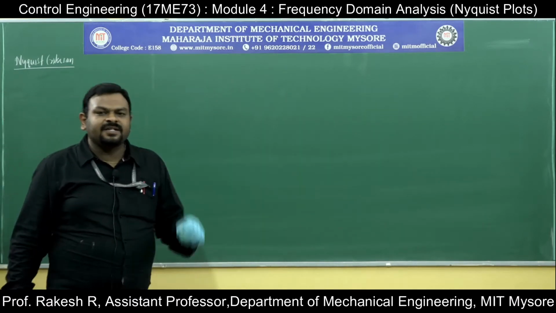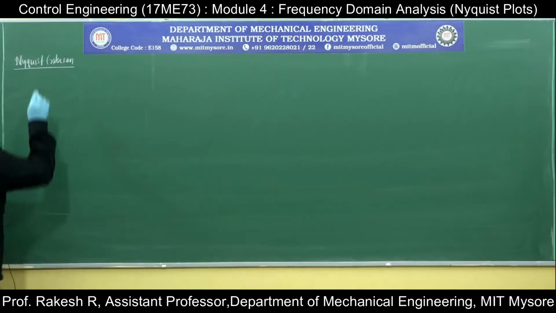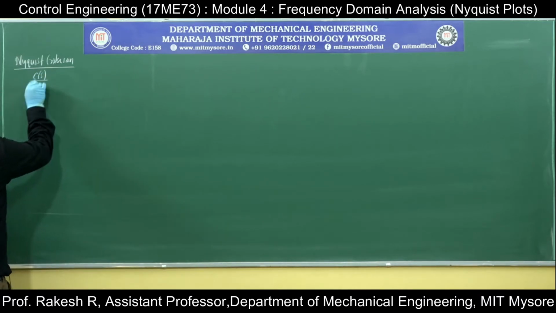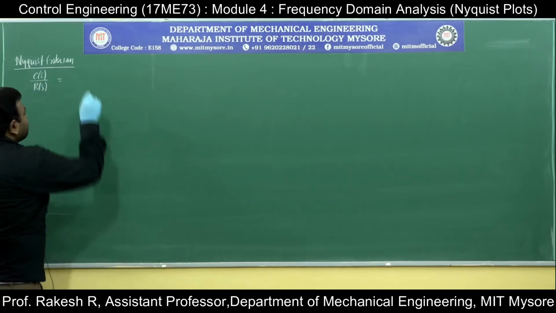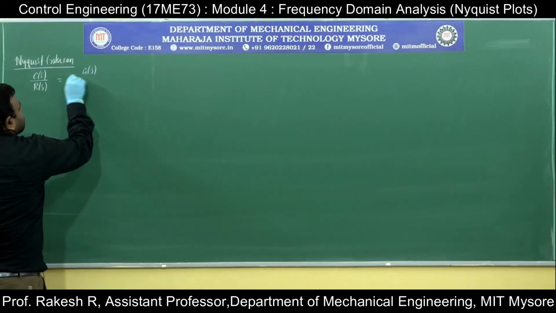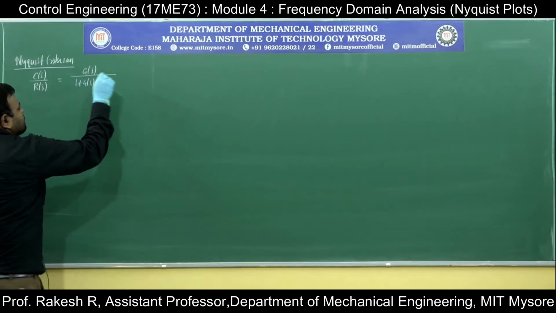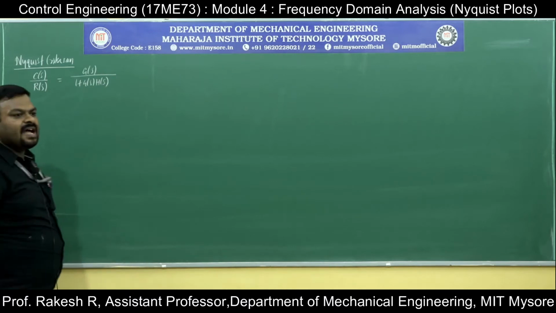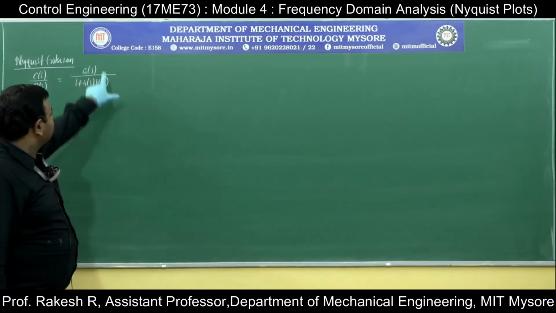Before going to the Nyquist criterion, let us analyze the closed loop transfer function. C of S divided by R of S is G of S divided by 1 plus G of S into H of S. So we want the values of S. How to get the values of S?